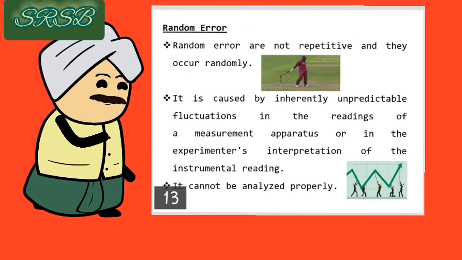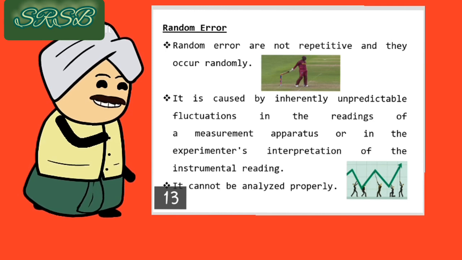Another type of error is random error. Random errors are not repetitive and they occur randomly. They are caused by inherently unpredictable fluctuations in the readings of a measurement apparatus or in the experimenter's interpretation of the instrument reading. They cannot be analyzed properly.